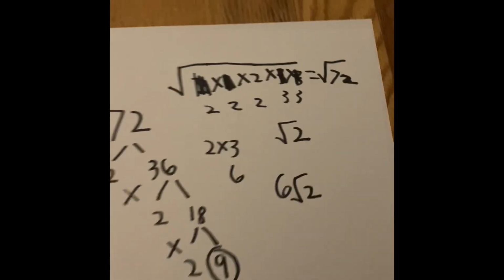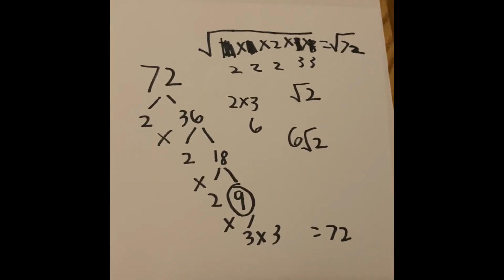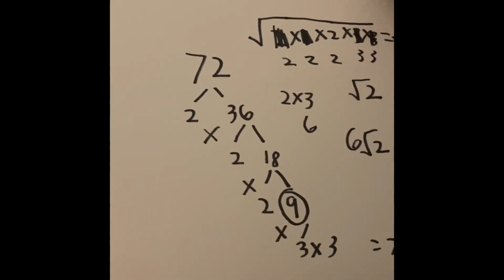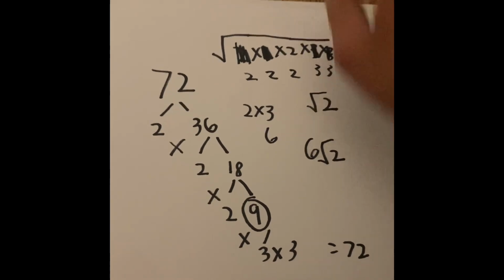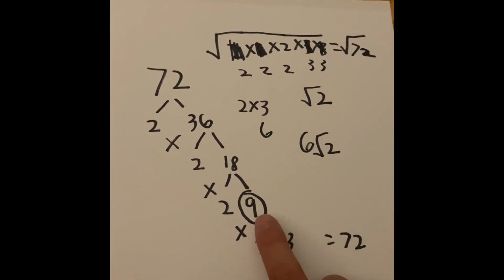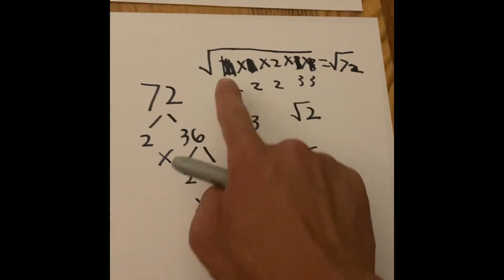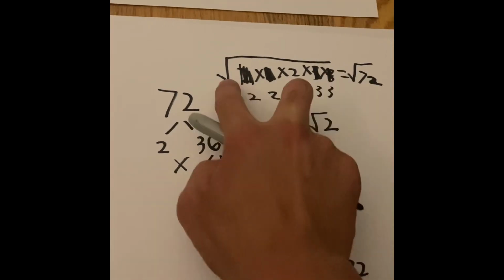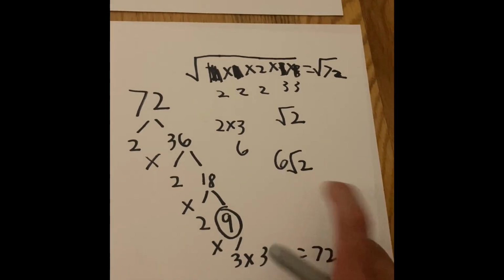So this problem can be very easy when you practice it. It's helpful when you have to find the smallest square, then the product of all these in the radical, and then you'll get to your answer.